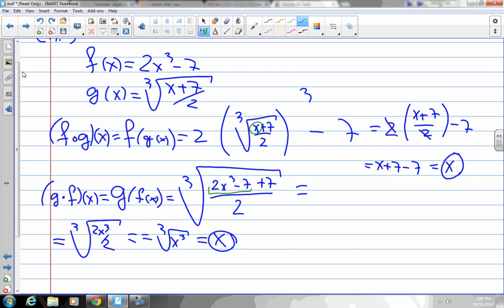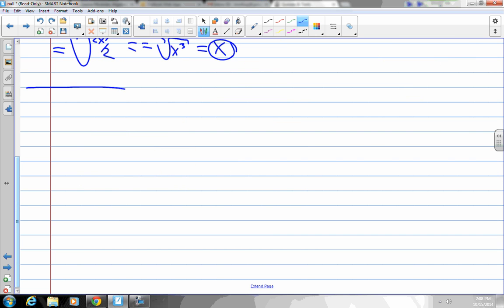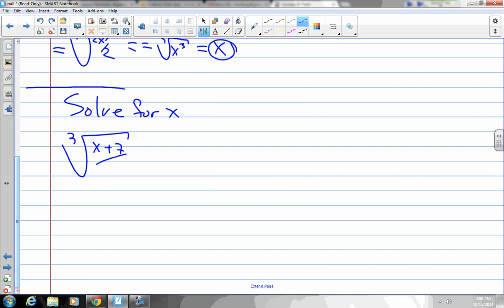But the big idea here, if I ask you to solve for x, and the equation was the cube root of x plus 7 over 2 equals, I don't know, what's your favorite number today? 6.